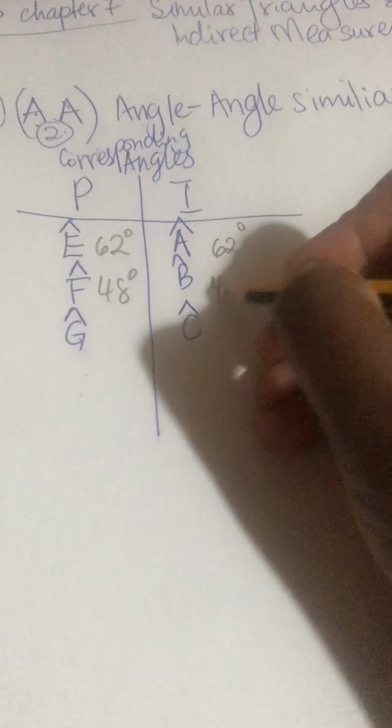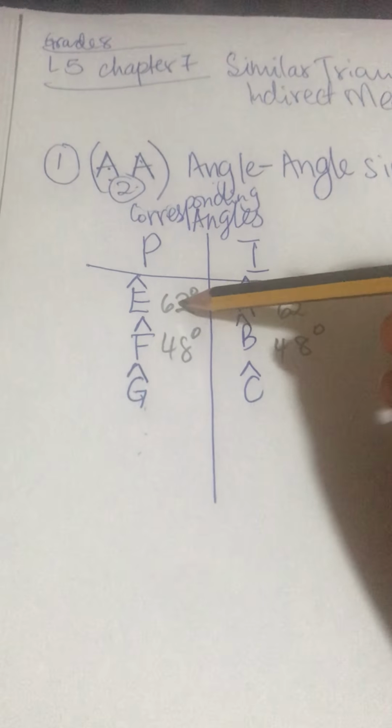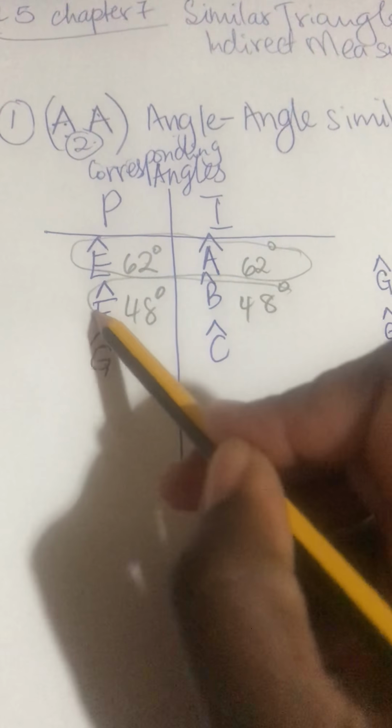And B is 48. I can stop here because I only need two angles. So I have this angle and I have this angle.